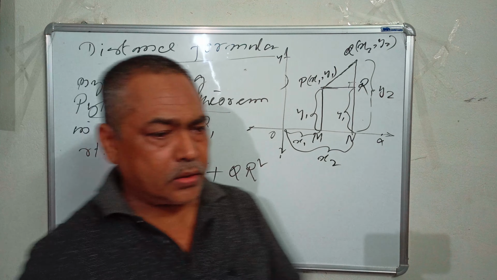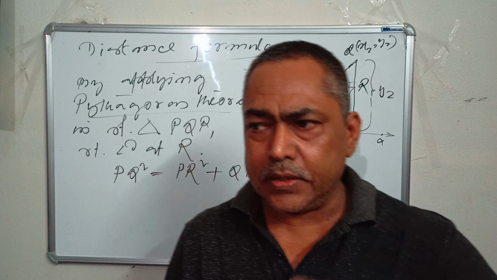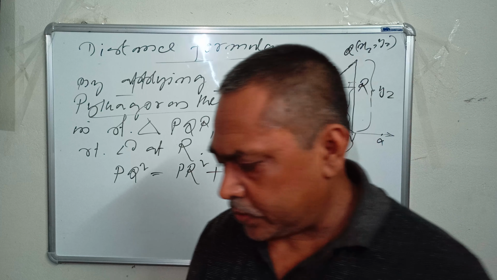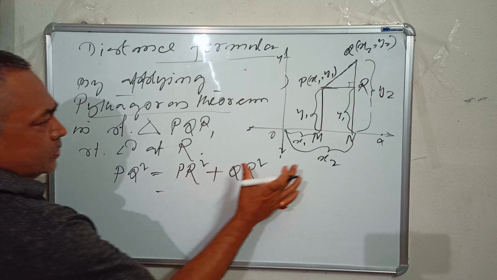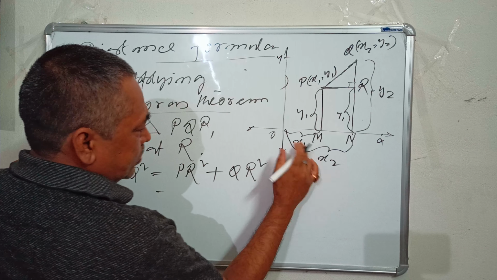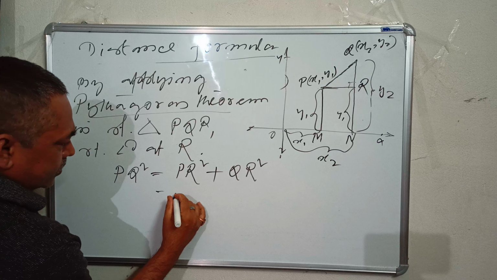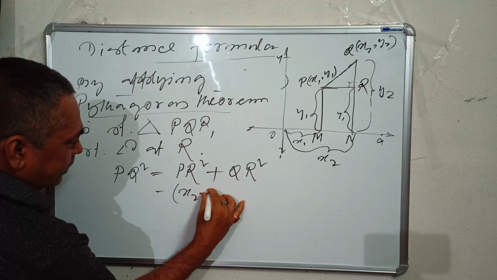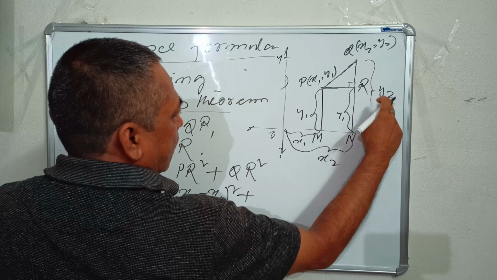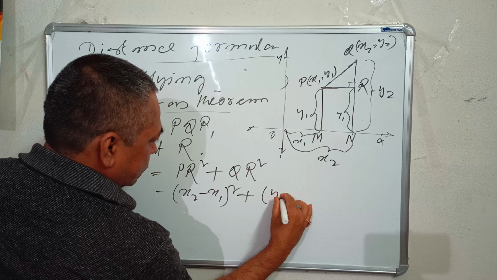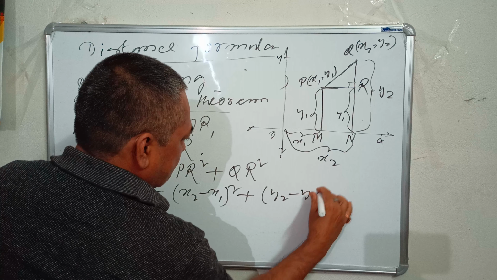Pythagoras theorem is nothing new. In chapter 6 you have learned the theorem and you derived everything. Now PR you have found. Remember, PR is x2 minus x1, so x2 minus x1 whole square, and QR is y2 minus y1 whole square.